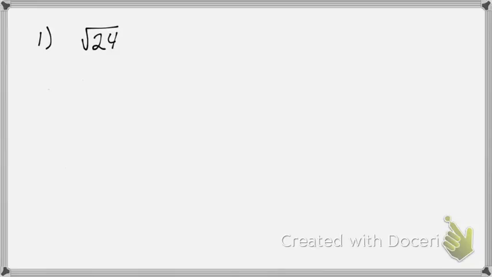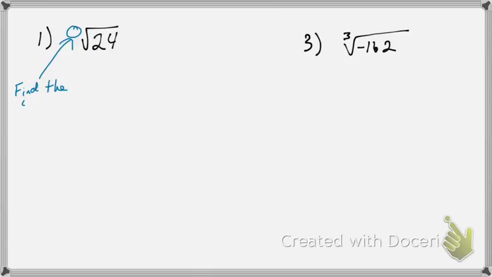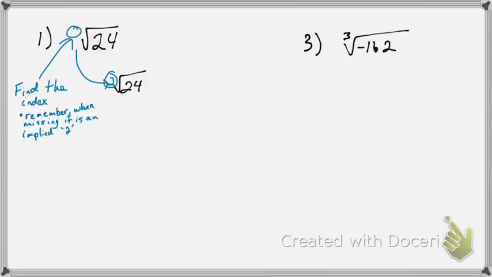So let's take a look at the problem we've already done, the square root of 24. We're going to try simplifying it this new way. We start by looking at the index. This is one where the index was missing, and when the index is missing, it's implied that it's a square root, and a square corresponds to a second power. So we're going to use an index of 2.